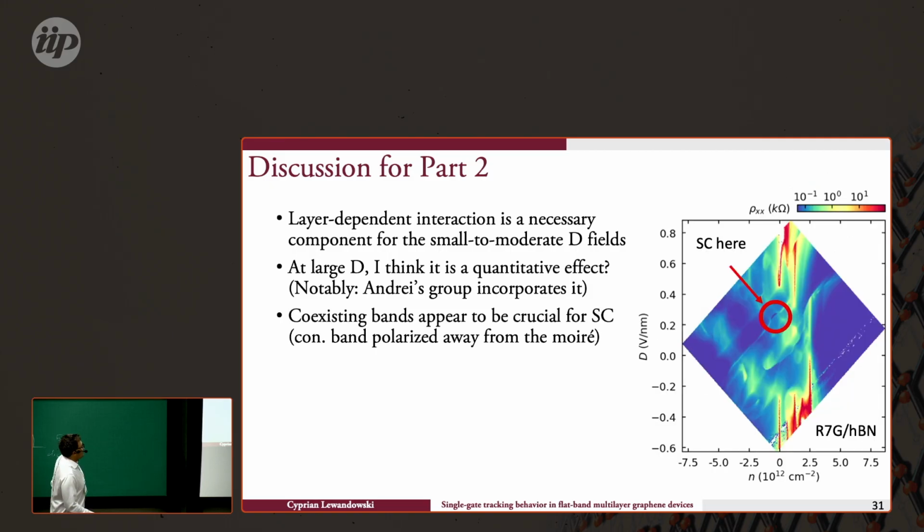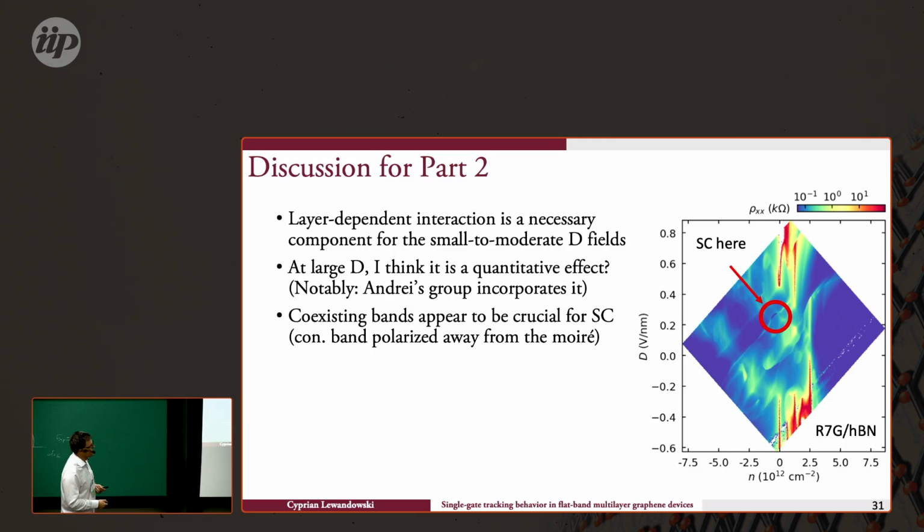Okay, now these coexisting bands are actually important for superconductivity, and that's not a statement from a theory, that's a statement from experiment.